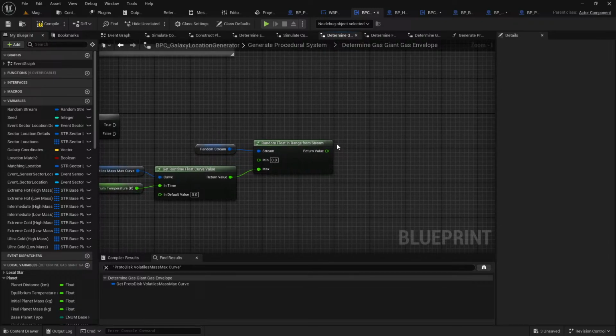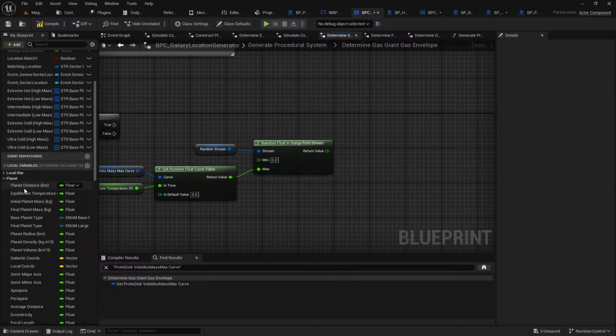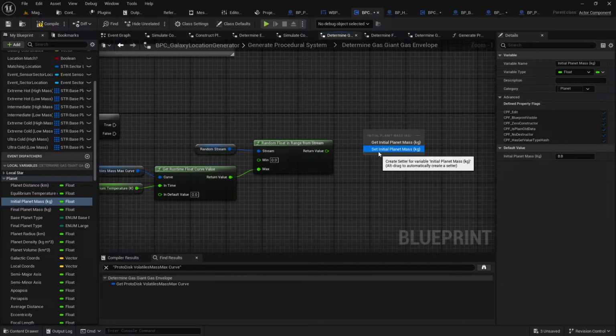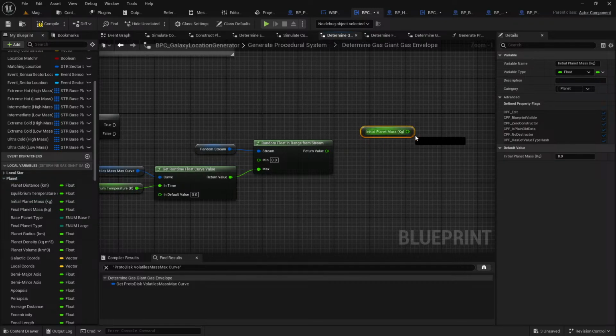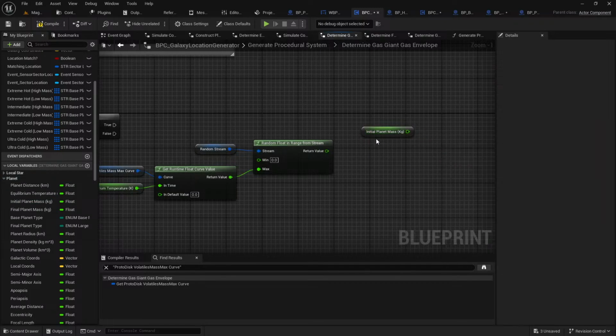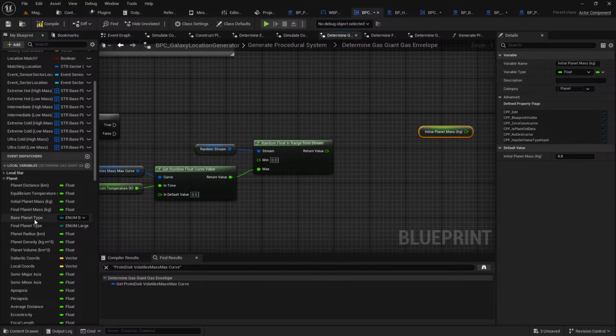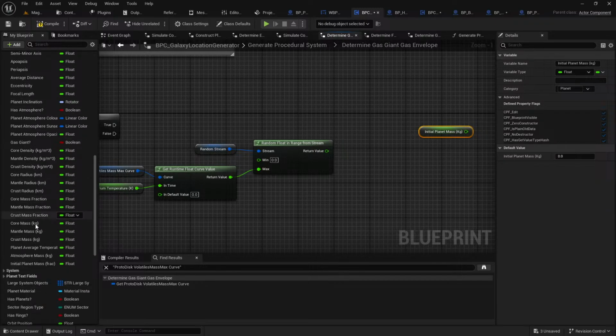Right, and this is a mass value, so we need to take our initial mass, and then we also want to have the mass fraction.